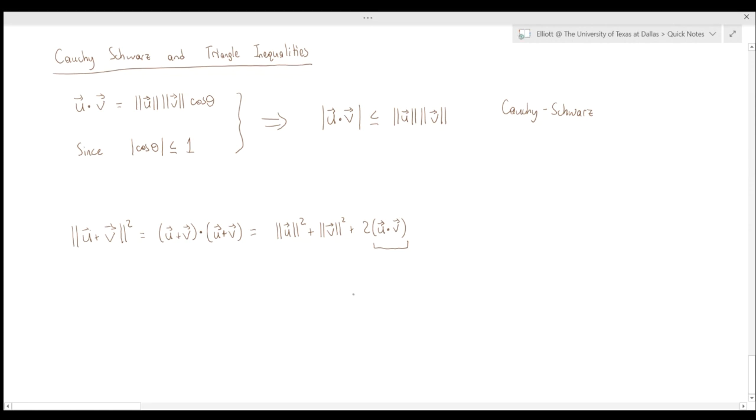So the length of u plus v squared will be less than or equal to the length of u squared plus the length of v squared plus 2 times the length of u times the length of v. By doing that, I get something that's bigger than what I started with.